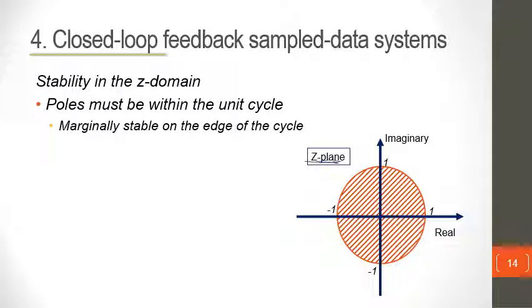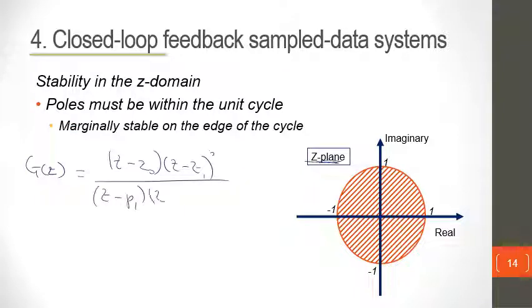So if you have, for instance, g of z being equal to z minus z0, z minus z1, over z minus p1, z minus p2, z minus p3, and so on and so forth.